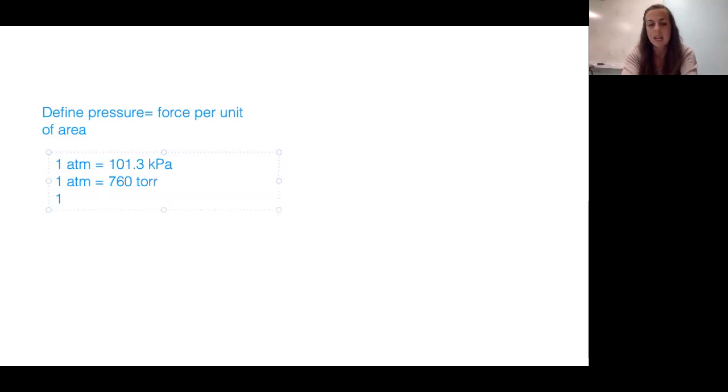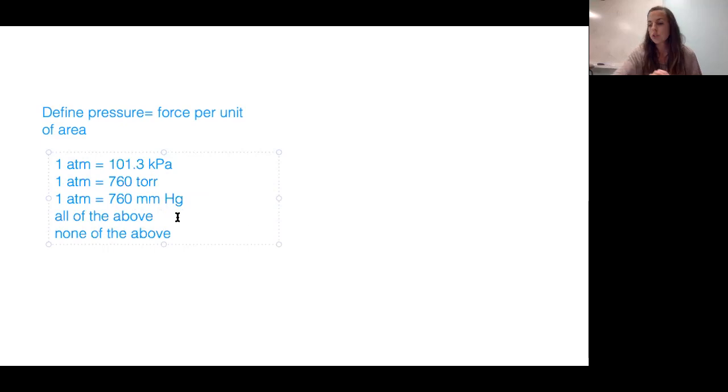And this is coming from that table that we talked about early in the module; I'll find out what page it's on in just a minute. 1 atmosphere, I didn't mean to put atom. 1 atmosphere equals 760 millimeters of mercury. All of the above, or none of the above. So which is true? The answer is going to be all of the above.